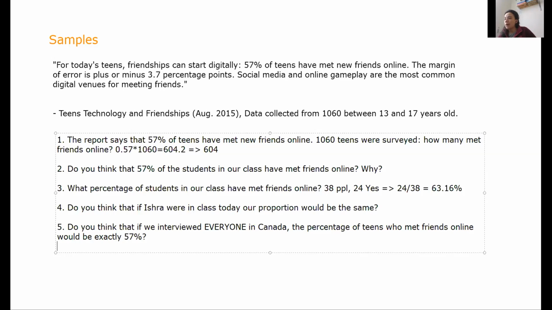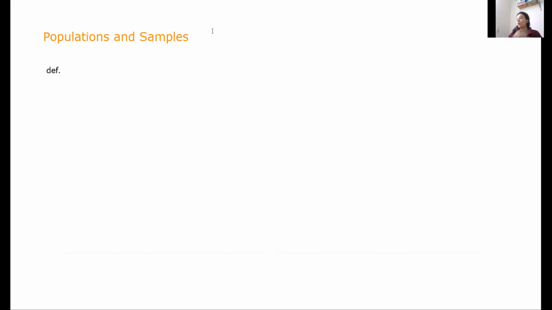Okay, good. So what we're talking about here is populations and samples. I'm just going to define the difference between the two, and then I'm going to talk about different ways that we have of choosing samples, and that's going to be it. And then afterward, you can work with your groups. The population of a study are all the people that we want to learn something about.